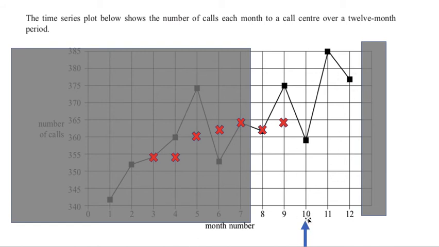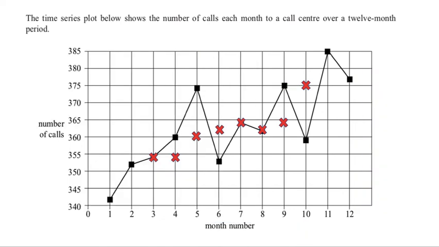So month 10 is as far as we can go. Again, we go lowest, second lowest, third lowest. So month 9 is the one that's going to give us our y coordinate here, but we're plotting it above month 10. And so that's where we mark our point. As we said, can't go any further. We've run out of groups of 5, so that's as far as we can go with our smoothed values.